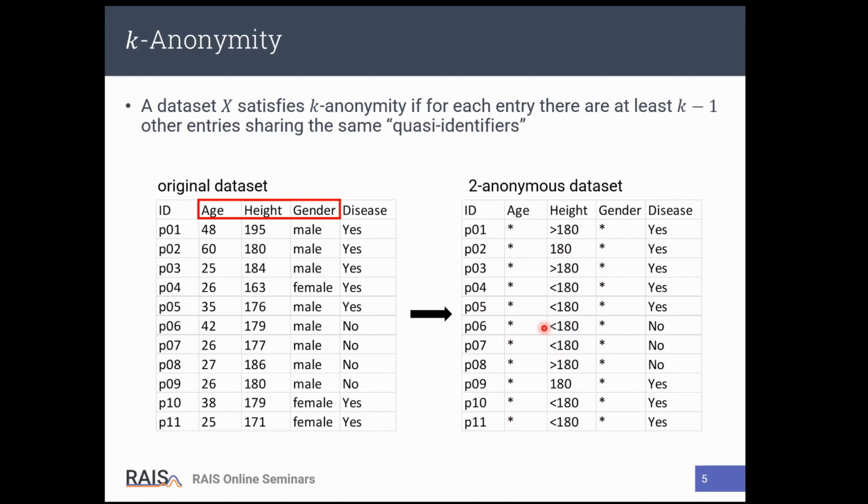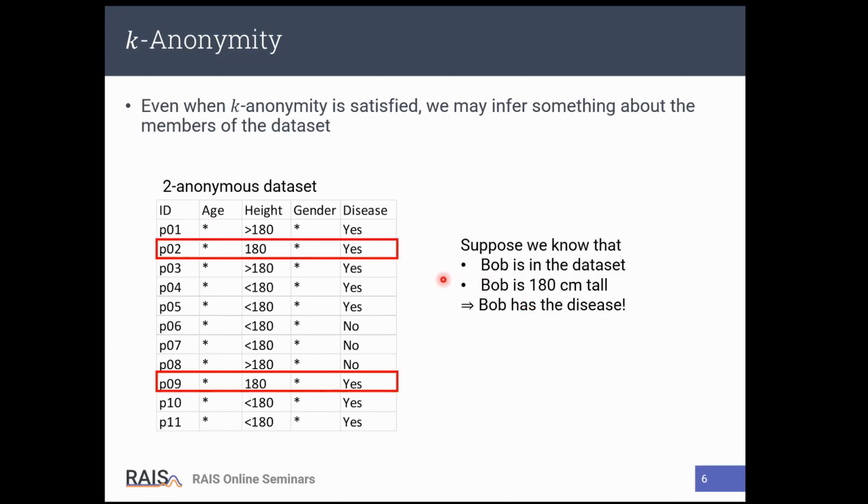Nonetheless, this might not be sufficient in some cases. In particular, although this prevents the re-identification attack that we discussed before, it doesn't prevent an inference attack.